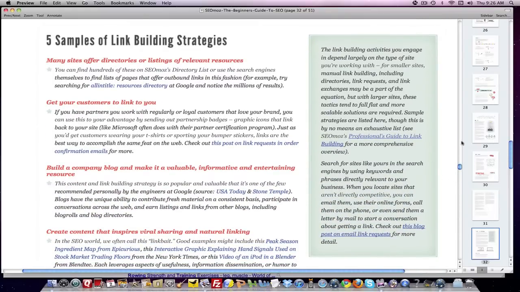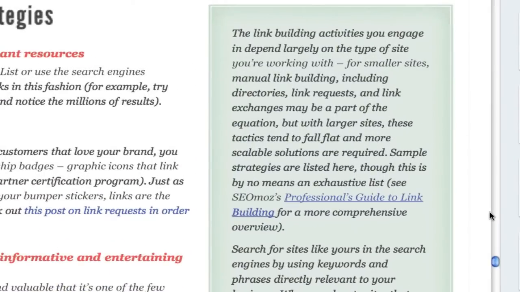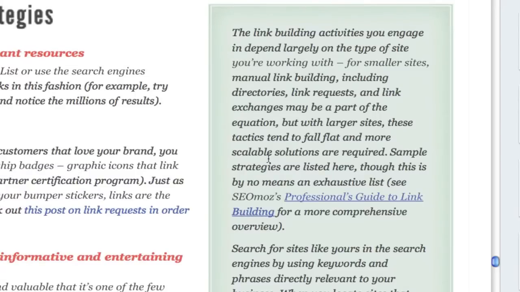In the sidebar, it explains that if you're a small site, you might be able to use manual link building, going after directories, link requests, and link exchanges that could be part of your equation. But if you're a bigger company with lots of pages, you need more scalable approaches.